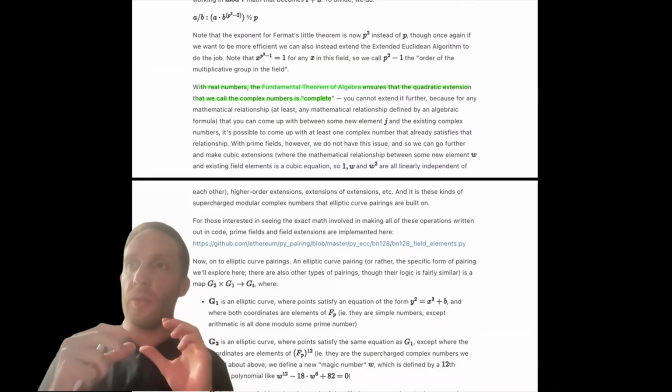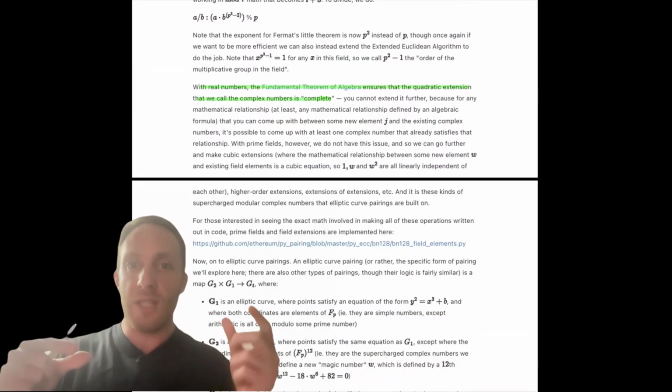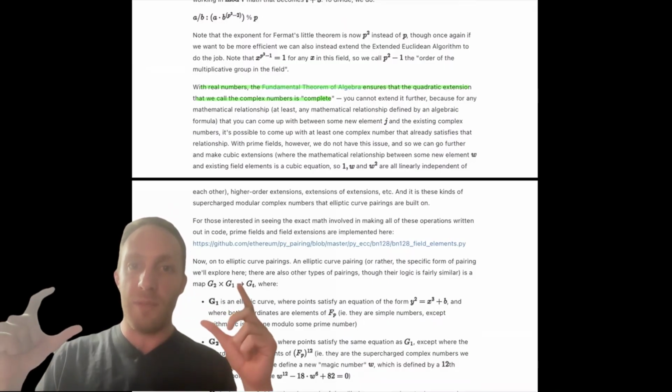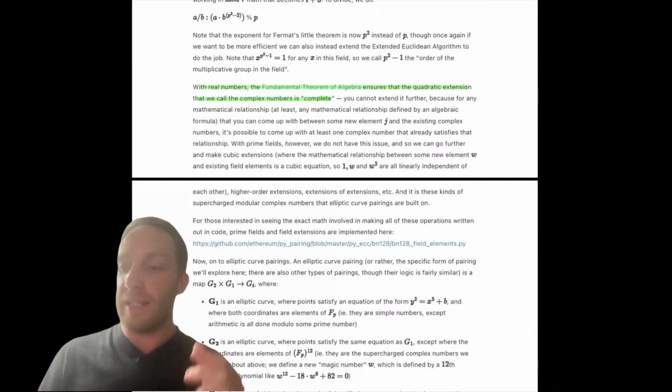In order to do a field extension, the theory requires that you find an irreducible polynomial. There are no such things because all polynomials on top of the complex numbers are factorable. Right, that's the fundamental theorem of algebra. So that just means you're done.